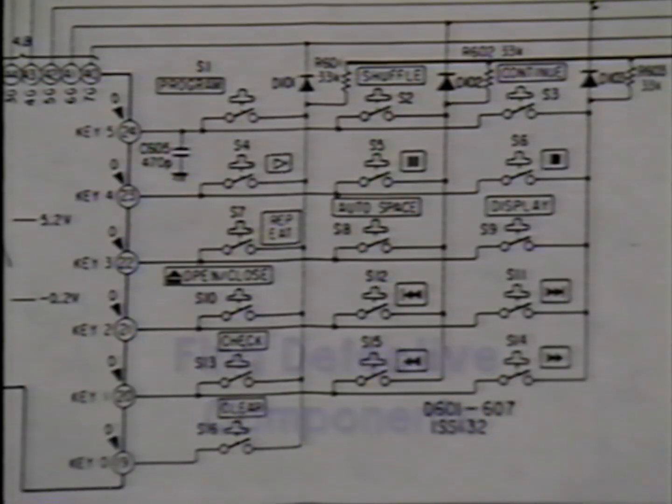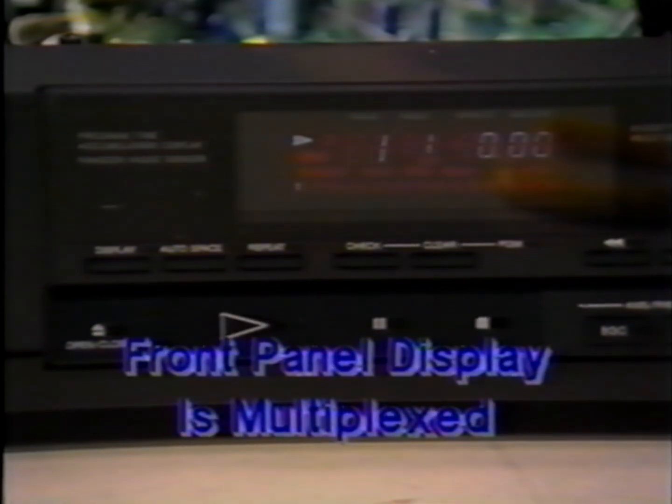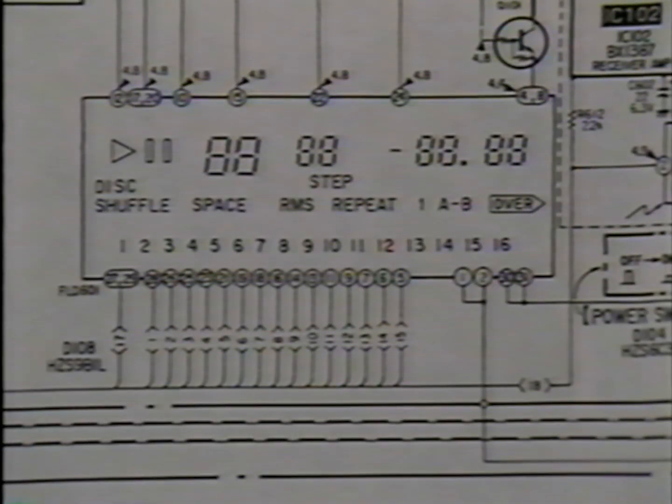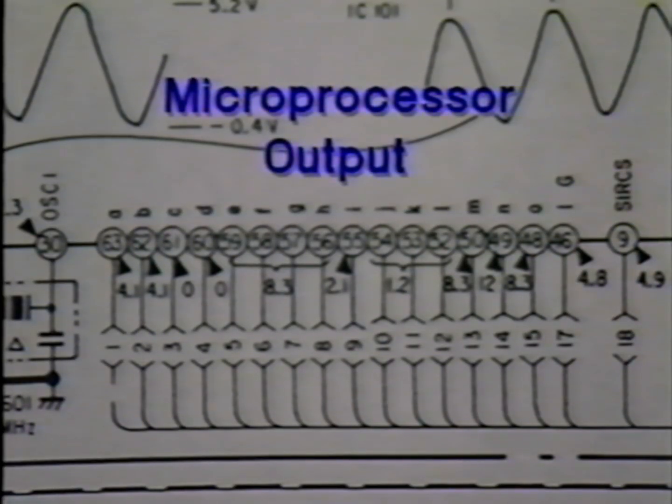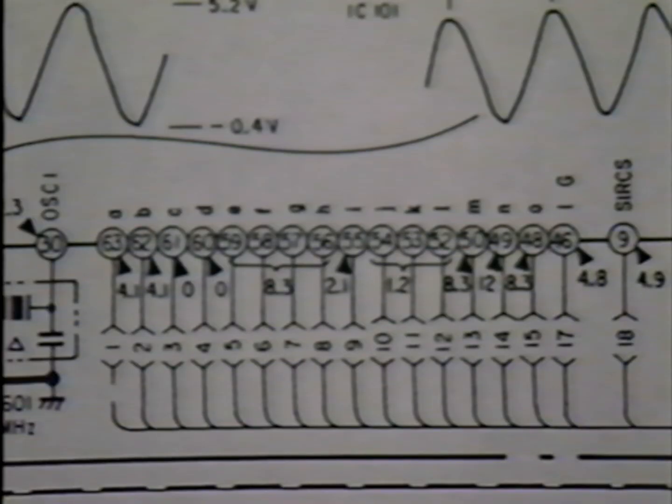The front panel display is also multiplexed in an arrangement that is similar to that of the push buttons. The display consists of several digits which have their like segments connected together and fed from the A through O segment output lines on the microprocessor in this CD player.